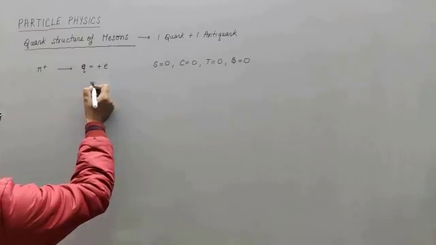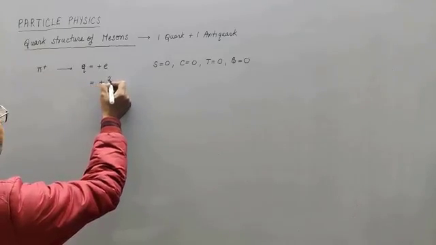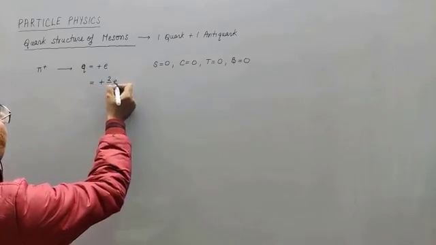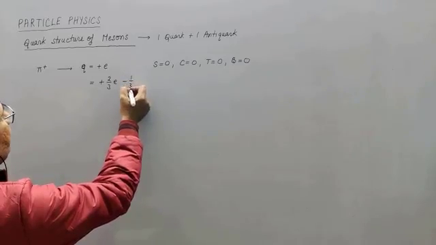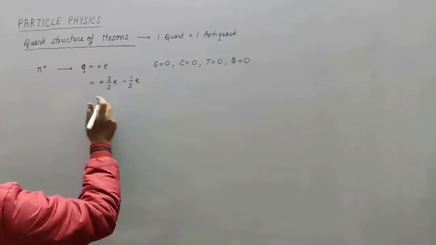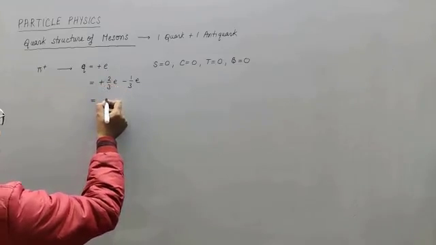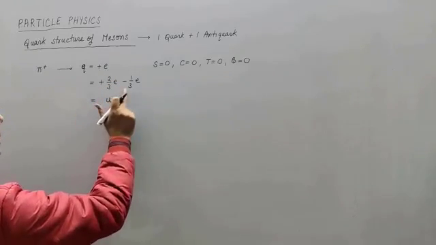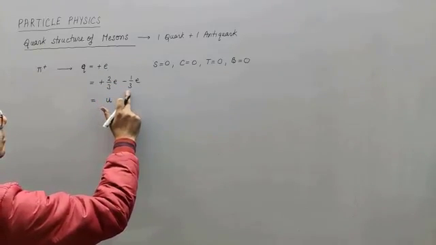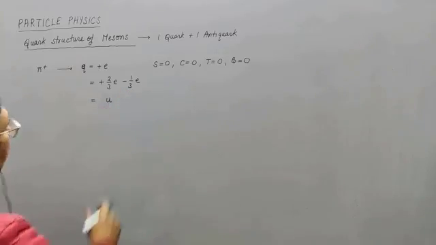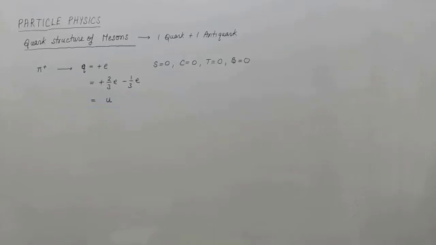So automatically this will be plus 2 by 3E, and another should be plus 1 by 3E. This is the U quark, with charge plus 2 by 3E. What is the charge on the D?